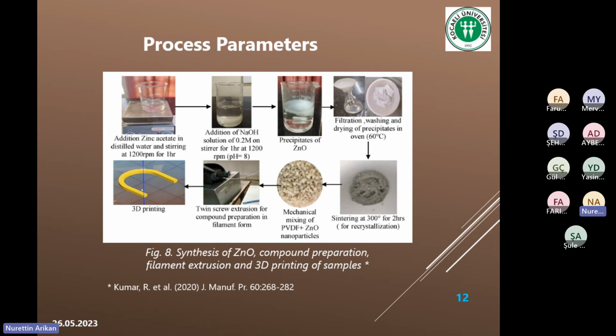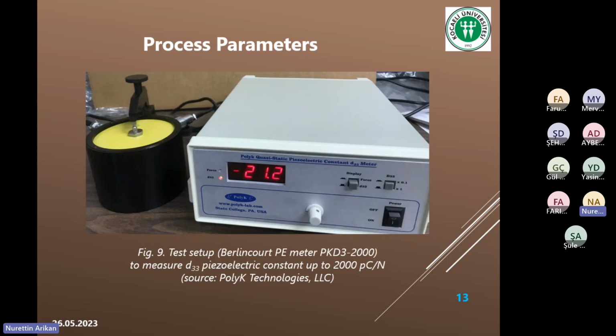This is why researchers are still working on different poling or stretching methods, not to dope any particles into the PVDF matrix and use only polymeric materials. How could we measure the d33 constant, the piezoelectric constant? This is one of the methods.